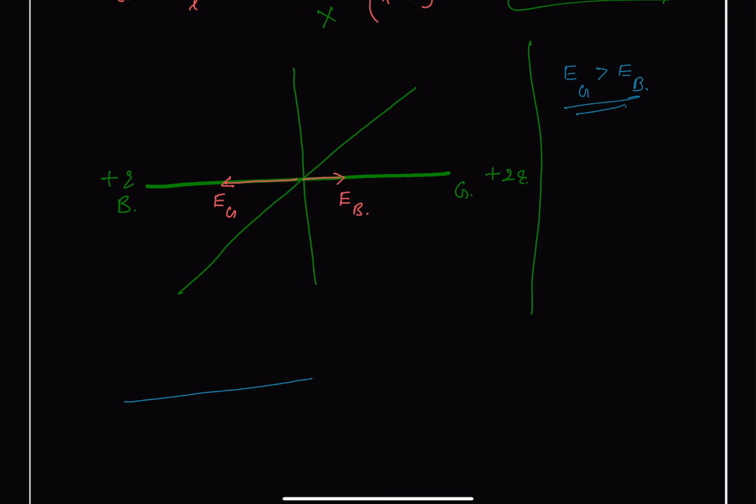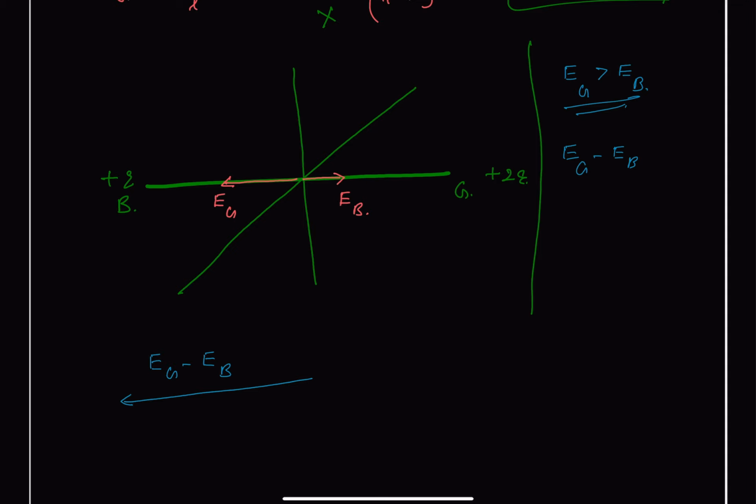So this is our net electric field, which will be our EG minus EB. Okay.